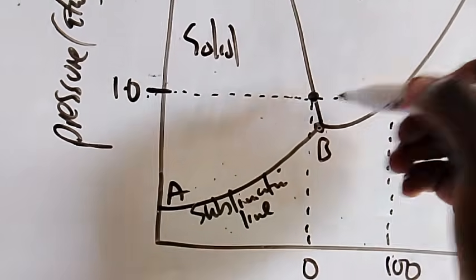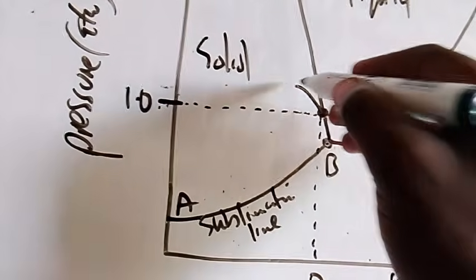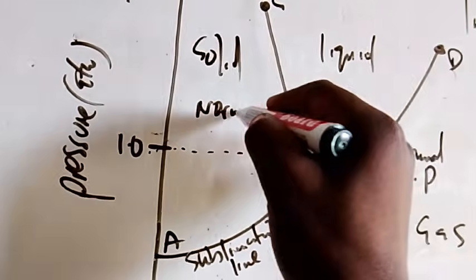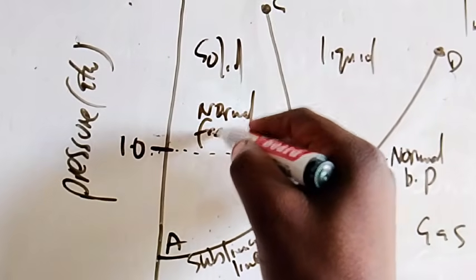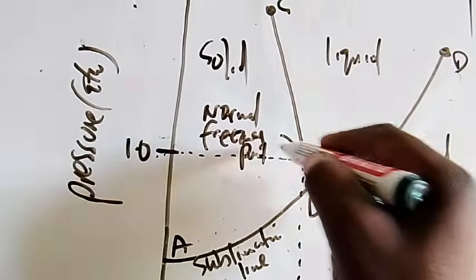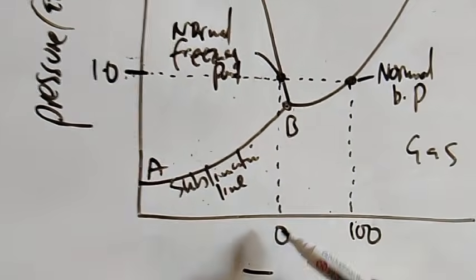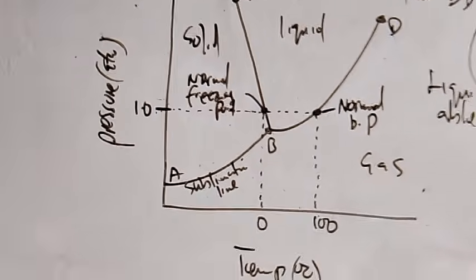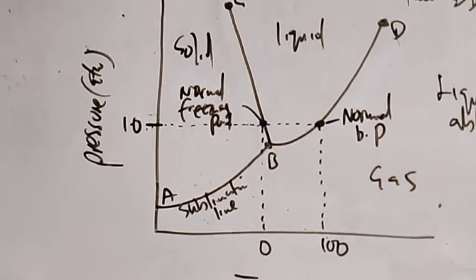Then here, this is the normal freezing point. The normal freezing point of water is at 0 degrees, or normal melting point.